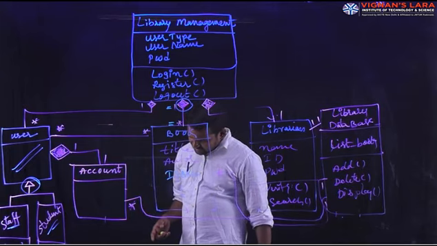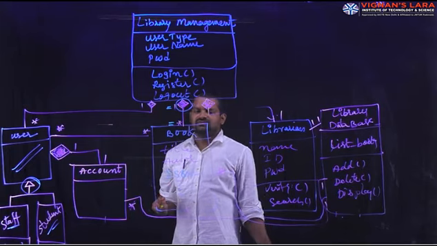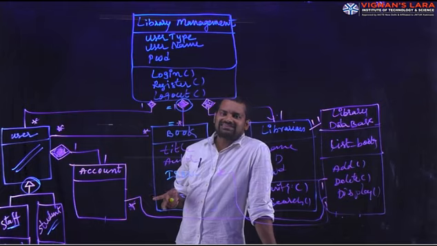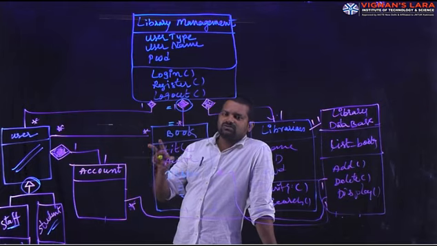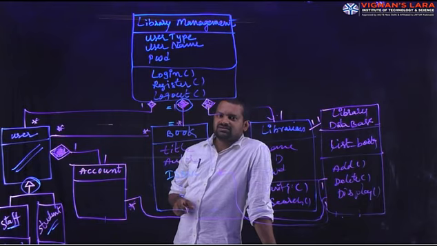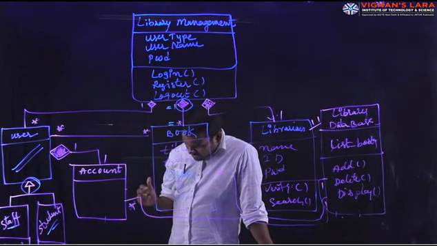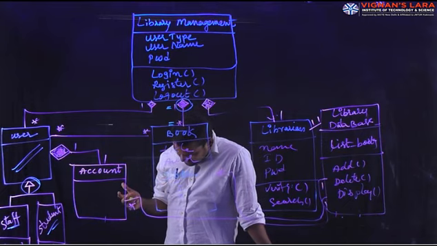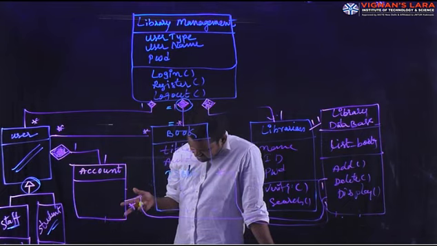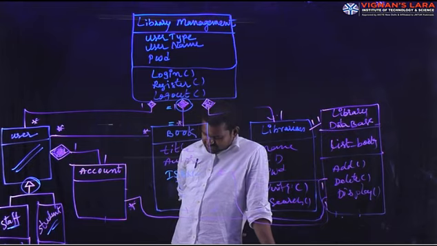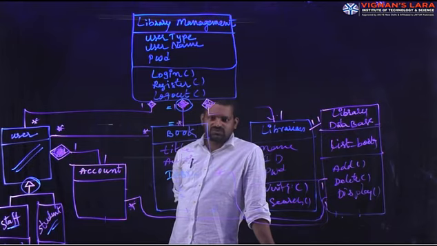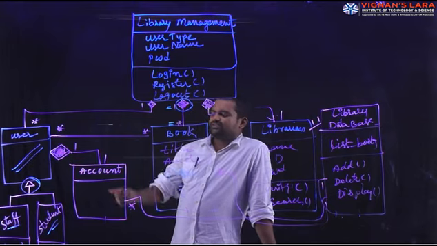That book calculates the fine. What is that? The account class has a method that calculates the fine of a particular user. The number of borrowed books, number of reserved books, number of returned books, number of lost books, all that information is available in the account.